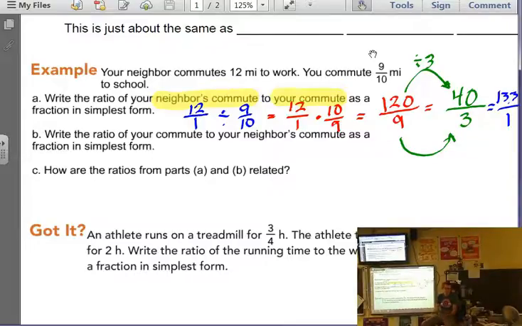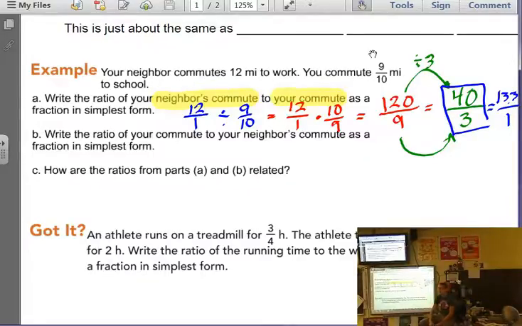So if your commute is 1, your neighbor's commute is now 13.3. But this is not fraction in simplest form, so we would stop right here. This essentially would be our unit comparison because I got it down to 1. Now it's not a unit rate because this is not a rate, but it's a unit comparison or unit ratio.